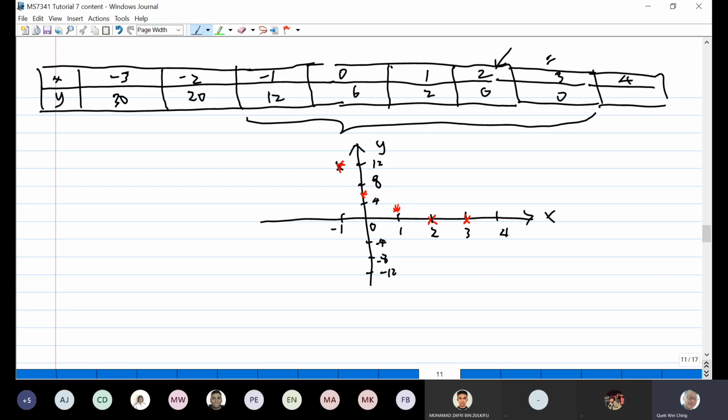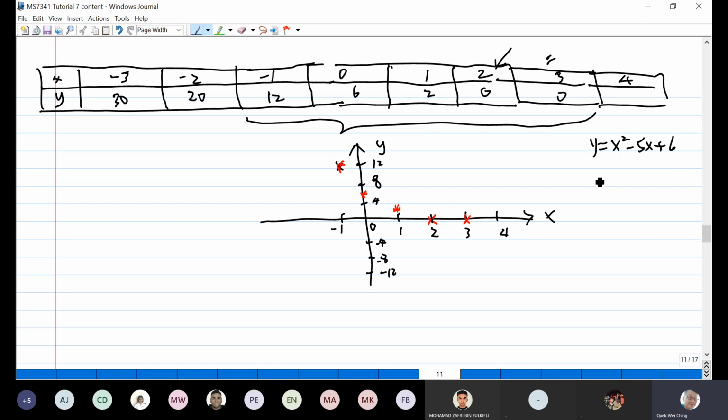The equation of the curve is y equal to x squared minus 5x plus 6, right?